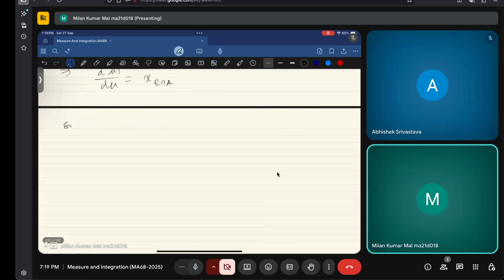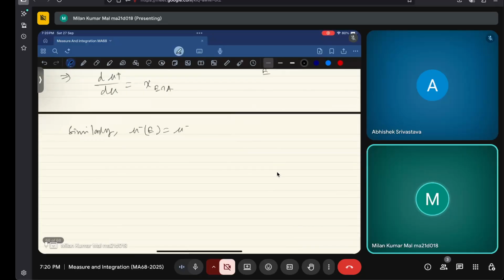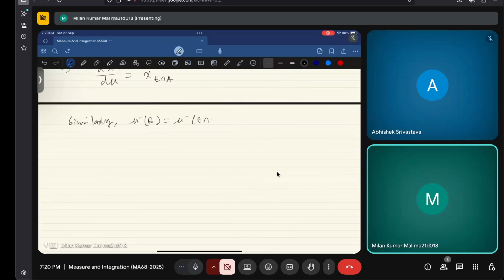Similarly, mu minus of E is equal to mu minus of E intersection B, which can be added with mu plus of E intersection B, because that is already 0.